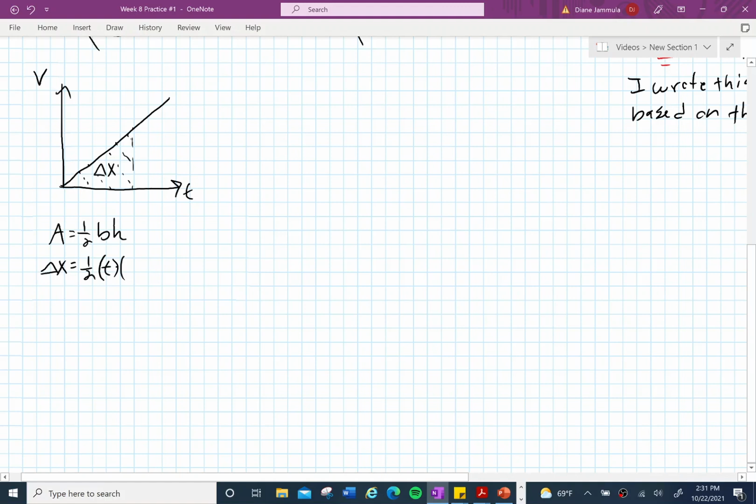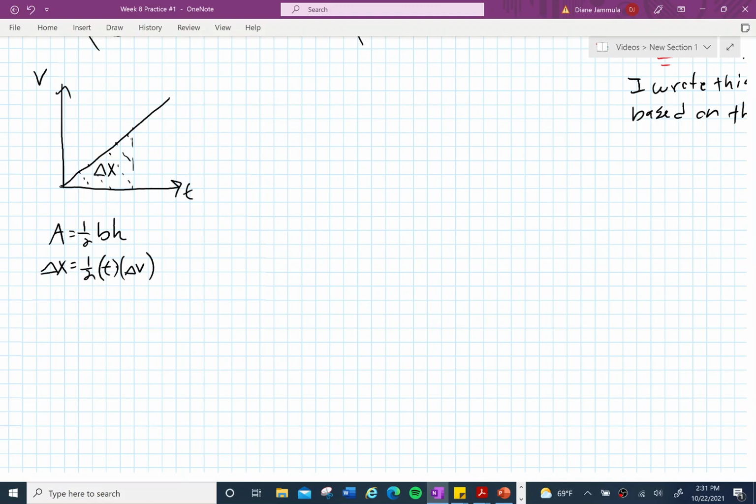The height of this triangle would be my change in velocity, or in this case, just the final velocity. I'll write it as change in velocity. Okay, that's good. I do know the displacement. I want to know the time, but I don't know the change in velocity.